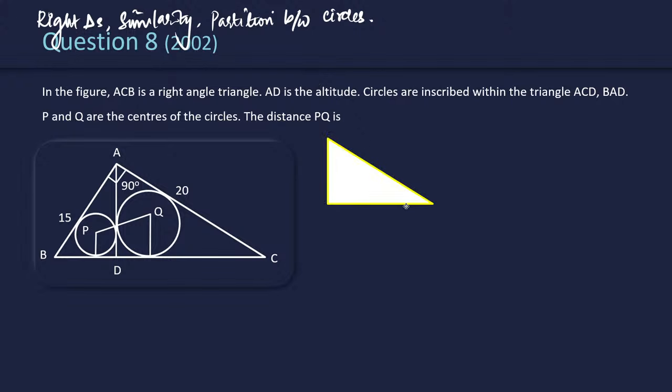So suppose we have a right angle triangle. Next I need similarity. So for similarity, I will need another right angle triangle which is going to be similar to this. मतलब इससे एक छोटा triangle बना लेते हैं.